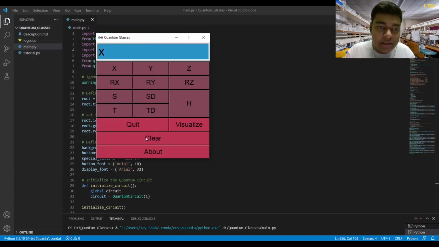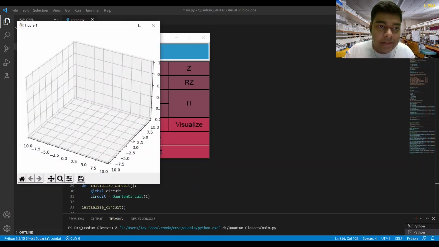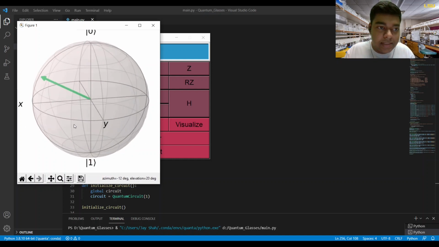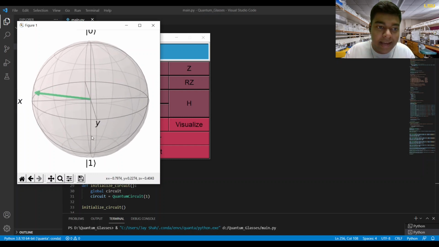Now, if I close this and just apply Y, you will see that the plane will be different here. You can see the plane here is now perpendicular to the y-axis. So that's the difference. The plane of rotation is different for the X and Y operators. All right. That's a big difference.